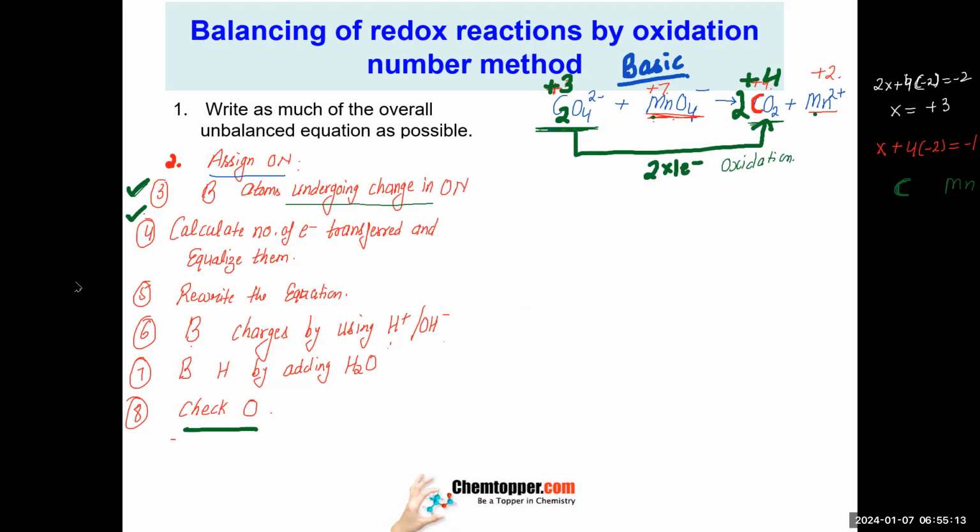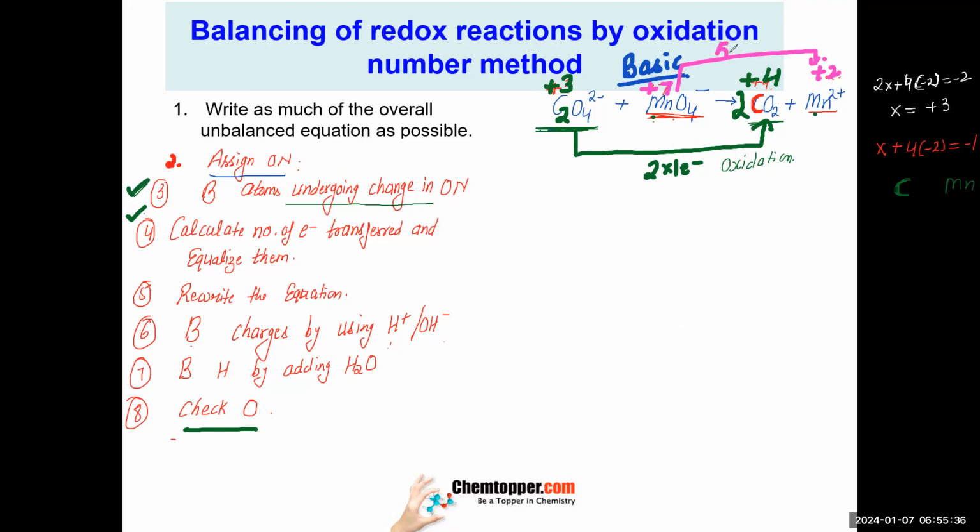Okay, now let's go for the permanganate, from plus 7 to plus 2. How many electrons? Is it gaining or losing? There is a decrease in oxidation number.